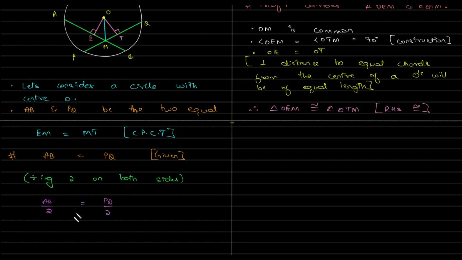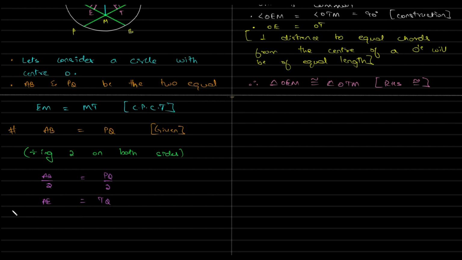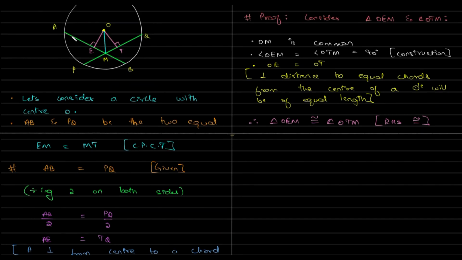But AB by 2 will give us AE and PQ by 2 will give us TQ. Why is that? Because a perpendicular from the center to a chord bisects the chord. Right? So we have AE is equal to TQ.